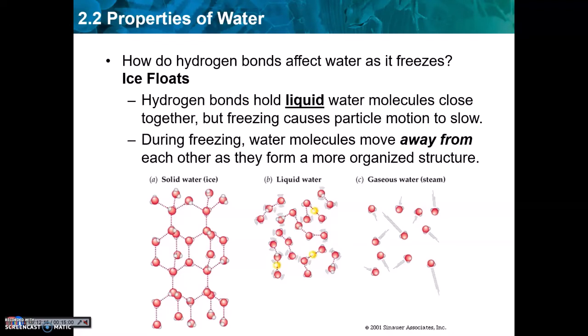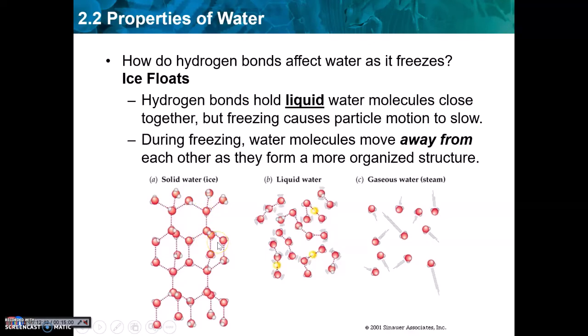Now you see in this slide, there is a comparison between what water molecules look like in the solid state, what they look like in the liquid state, and what they look like in the gaseous state. And it's pretty clear that in that solid water state, which would be ice, those water molecules are very neatly arranged into this crystalline structure.